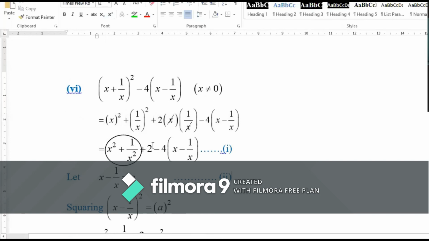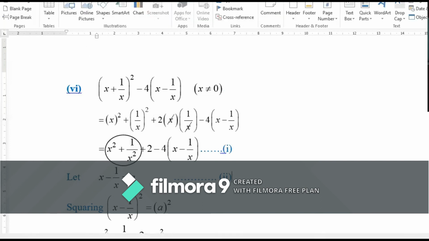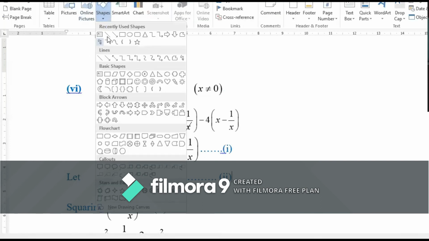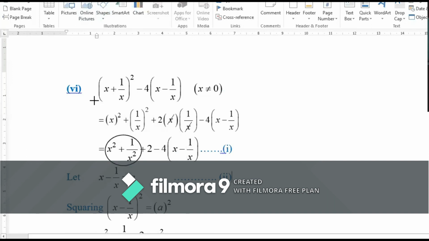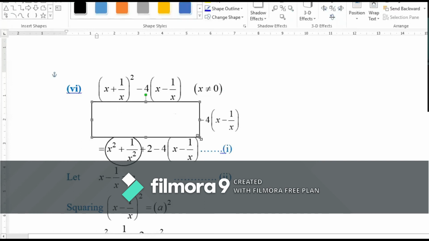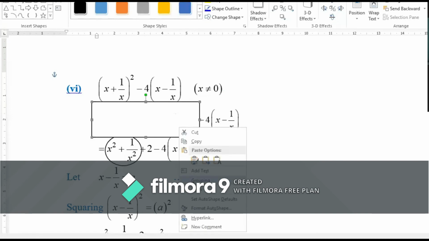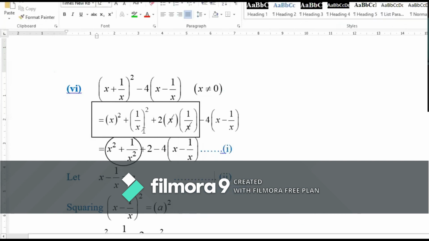I would recommend that if you do not perform this part, which I'm just going to highlight, we have expanded the term from this part to this part right here. This is expansion. Actually what we have done is that this part is done in the beginning of the question.